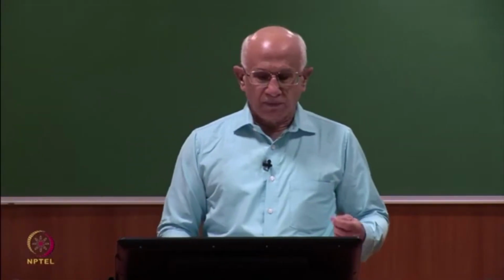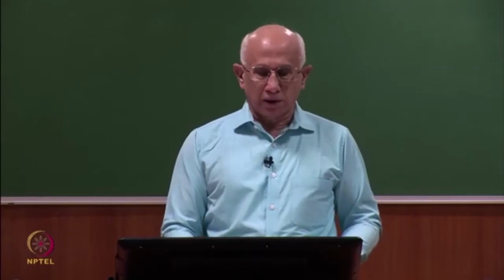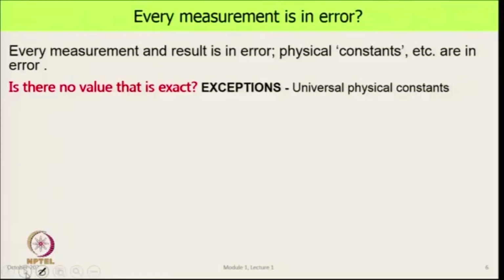But we come back to the fact that every measurement is in error, every result is in error, then the question arises, is there nothing in the world which is exact? Are there no exceptions? And the answer to that is that there are some things which are called universal physical constants.